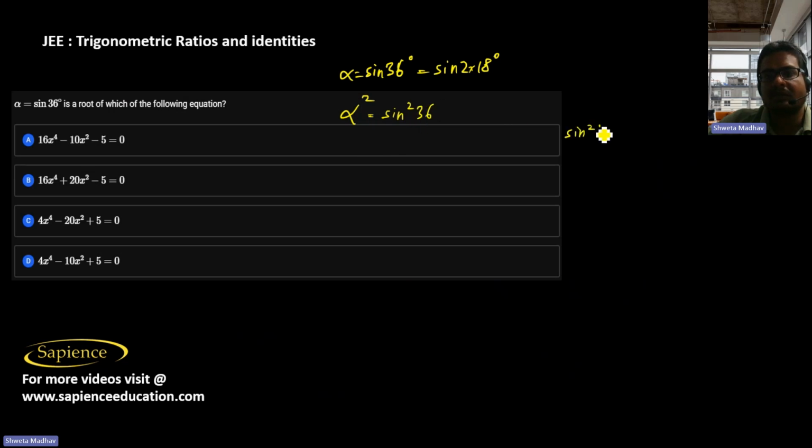Now sine square theta is equal to 1 minus cos 2 theta by 2.